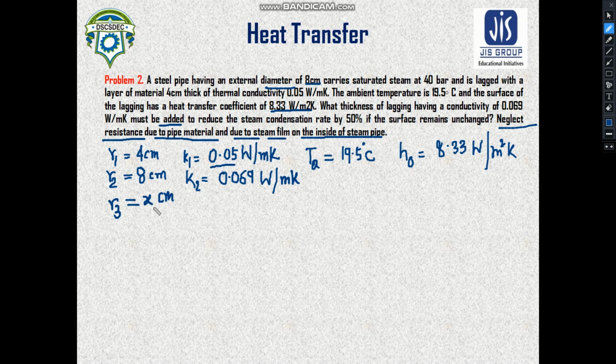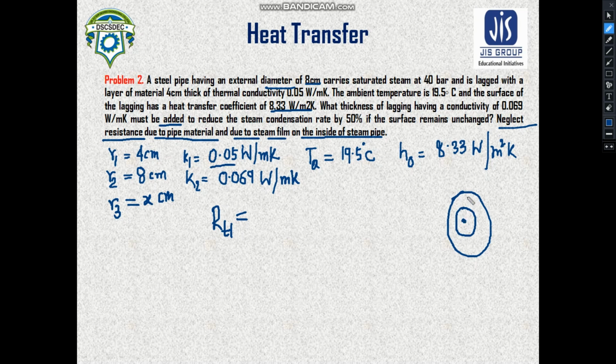So let us discuss the first case when we haven't applied the second layer of insulation. So there is only a 4 centimeter thick insulation layer present. Okay. So what would be the thermal resistance? So there will be two thermal resistances. The first one is because of the conduction going on. So we can draw simply this one and this one.